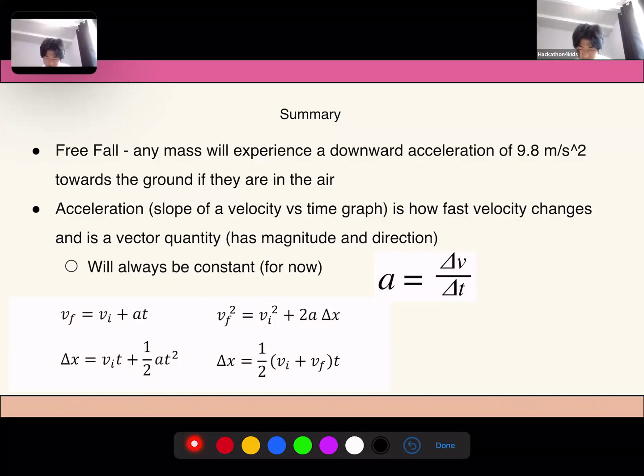And acceleration is just how fast velocity changes. It will always be constant in problems, just like how this 9.8 is constant as you fall through the air.